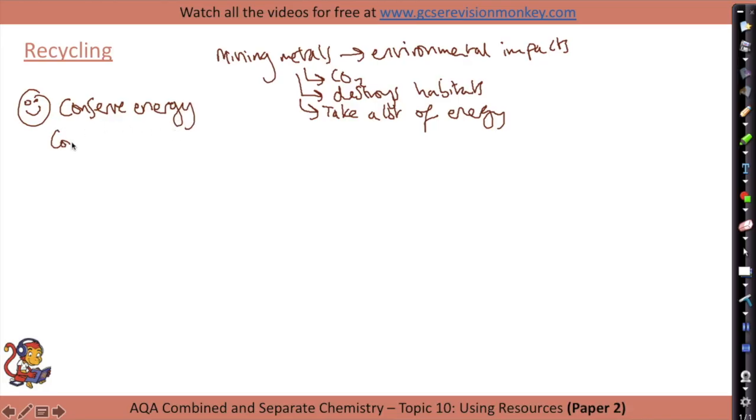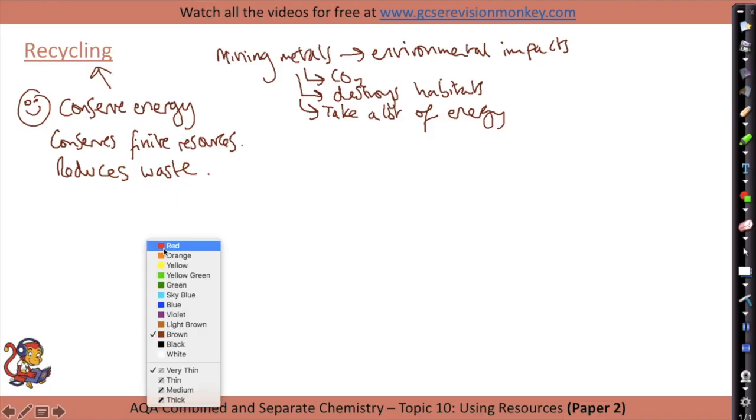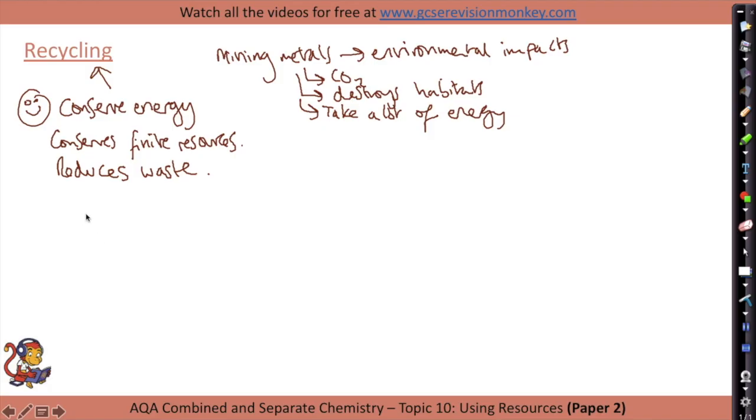It conserves finite resources. And also it reduces waste because a lot of the rock that you get out of the mining process is just waste rock. So these are the advantages of recycling, and the ones that you need to focus on mostly are the recycling of metals and glass.